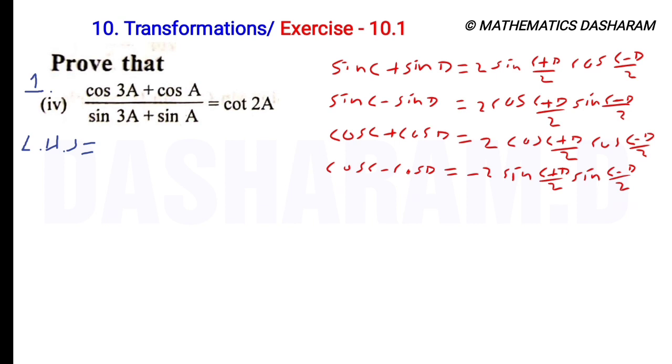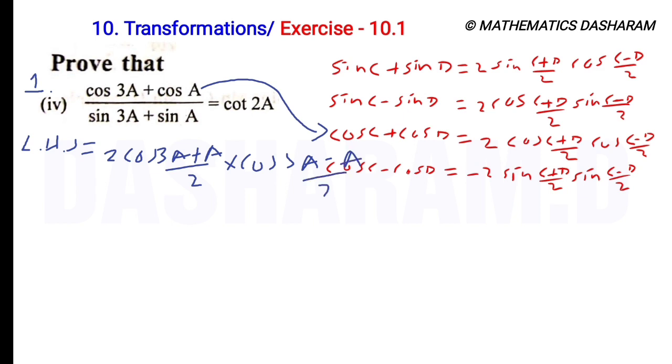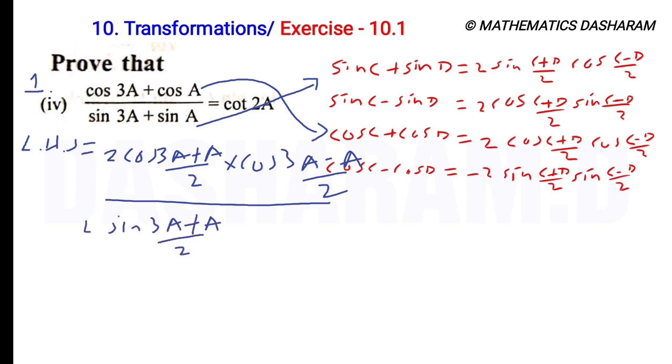For the numerator, apply this formula cos C plus cos D: 2 cos((3A + A)/2) into cos((3A - A)/2), divided by, for the denominator apply the sin C plus sin D formula: 2 sin((3A + A)/2) into cos((3A - A)/2).